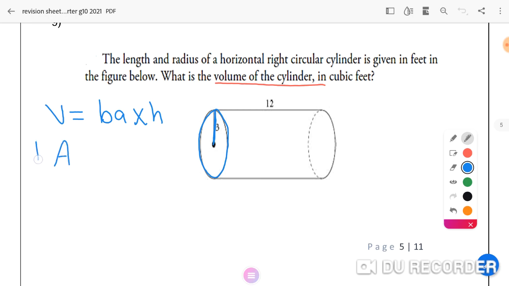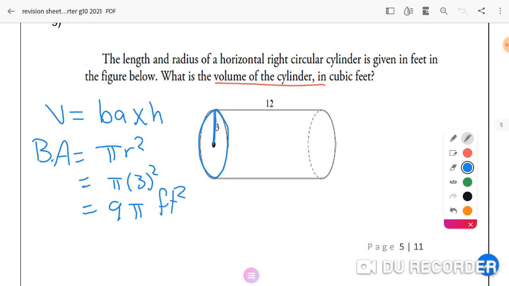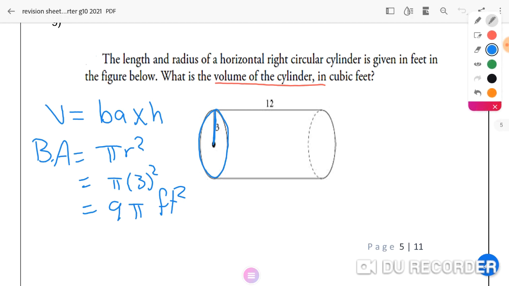So here base area simply equals pi r squared equals pi, and the radius is given, which is 3. So the base area equals 9 pi, and the unit here is feet squared.